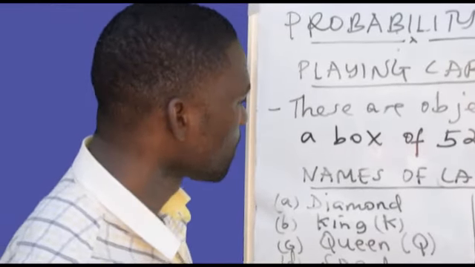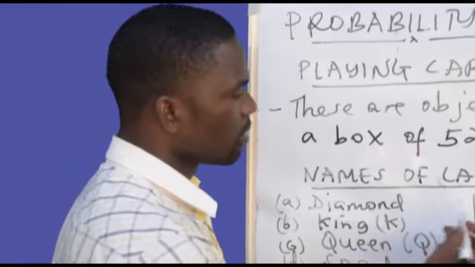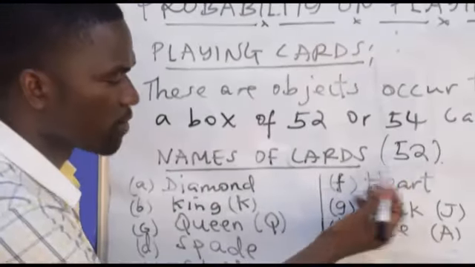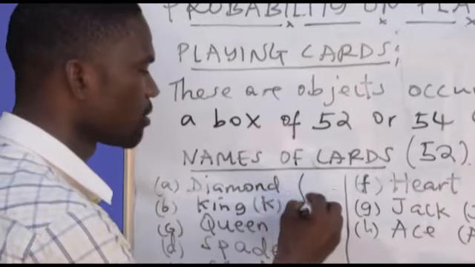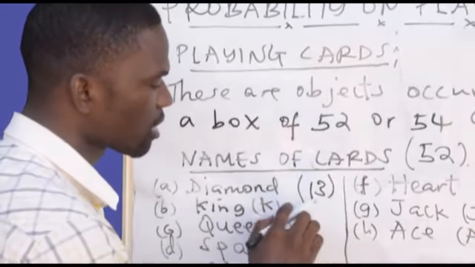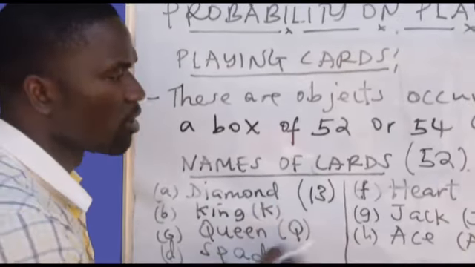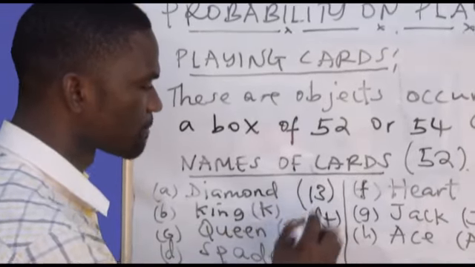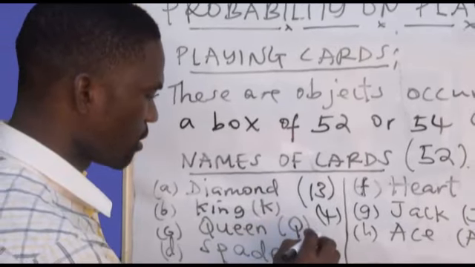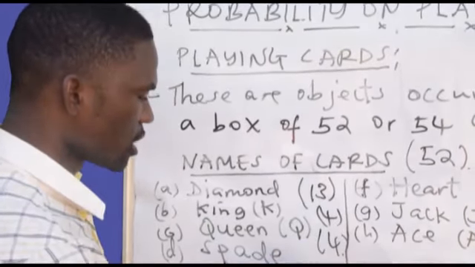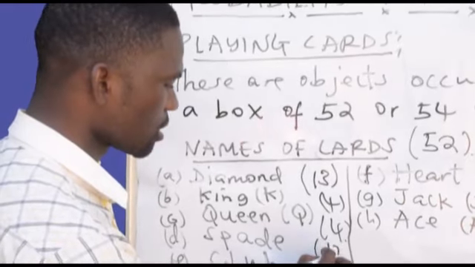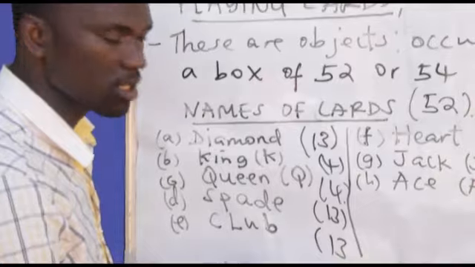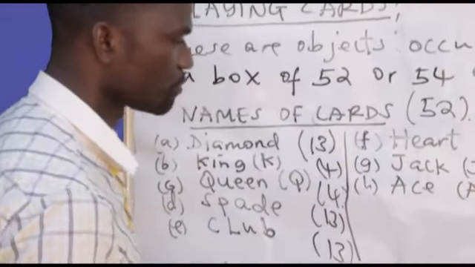Now, I'm talking about cards which are of a total of 52. Diamond cards, by the way, are 13 from the available 52. King cards are 4 in number. Queen cards are 4 again in number. Spades are 13 in number. And clubs are 13 in number out of the available 52.